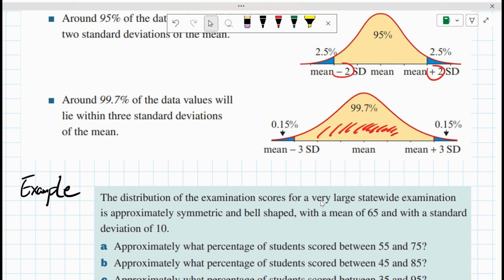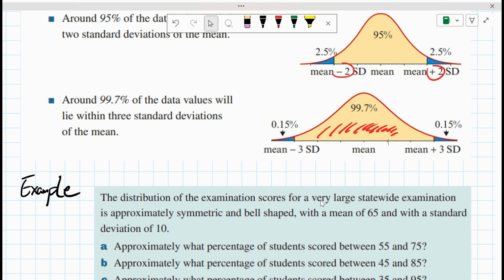If the mean is 30 out of 50, then below the mean minus 3 standard deviations only 0.15% of people are below that, and above it, 0.15% of people got higher.